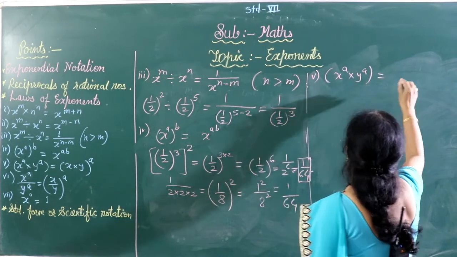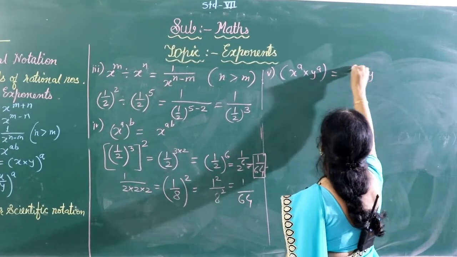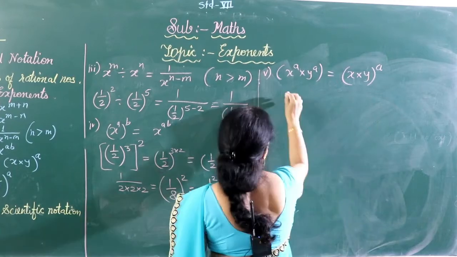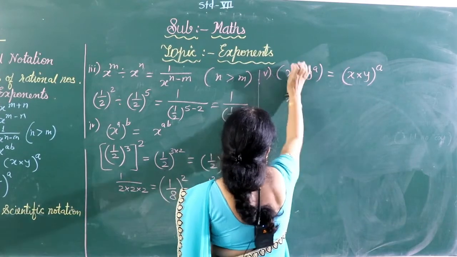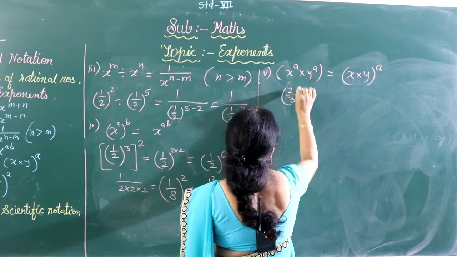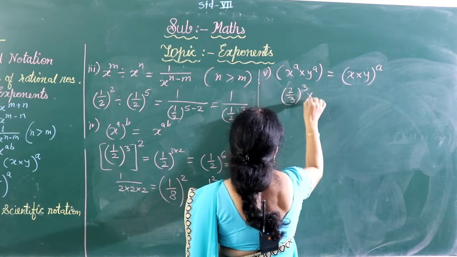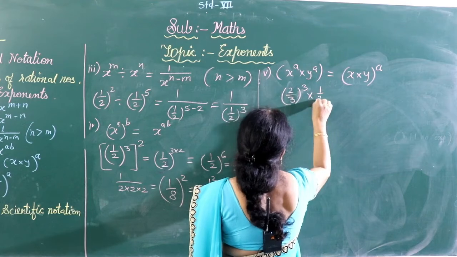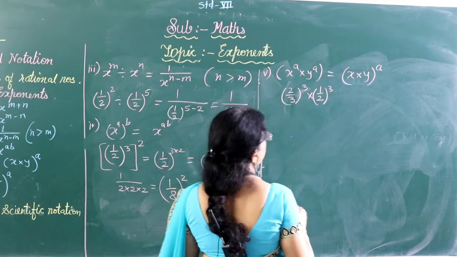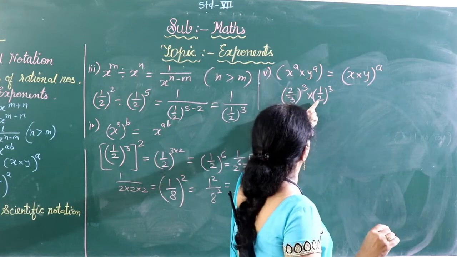Then we can write it as x into y, whole bracket to the power a, right? 1 upon 2 or anything you can take. 2 by 3 raised to the power 3 into 1 by 2 raised to the power 3, having the same power. Numbers are rational, numbers are different.